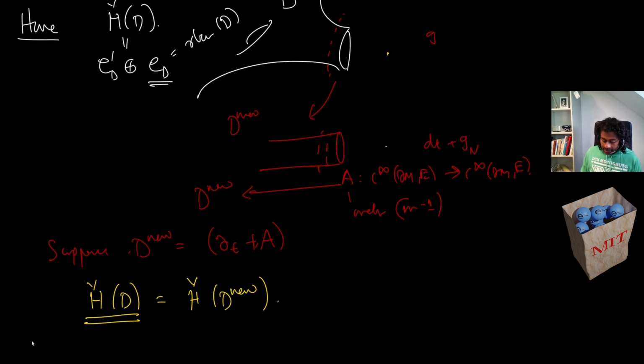What we need to know is that we're going to land in the maximal domain of the other operator, right? The other operator could do something really funky, and we might not be in the maximal domain of the other operator when we do that.